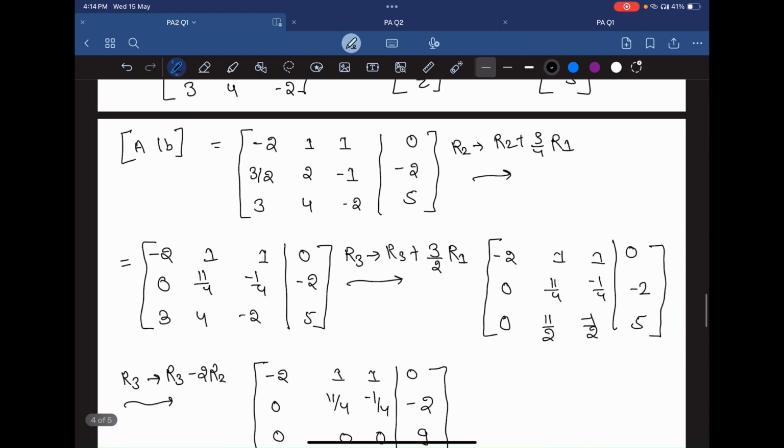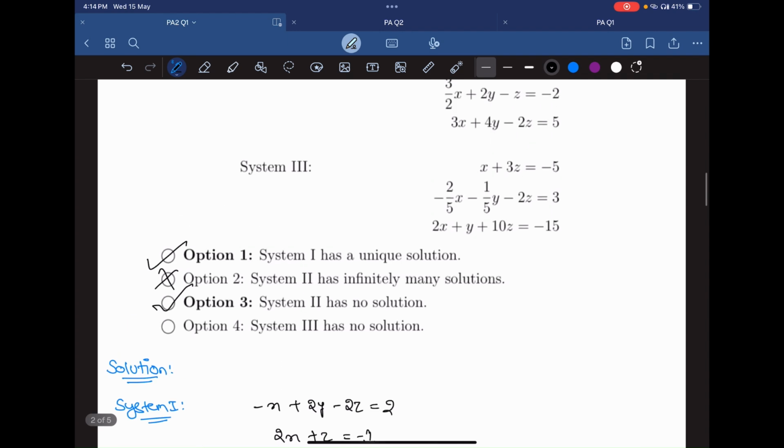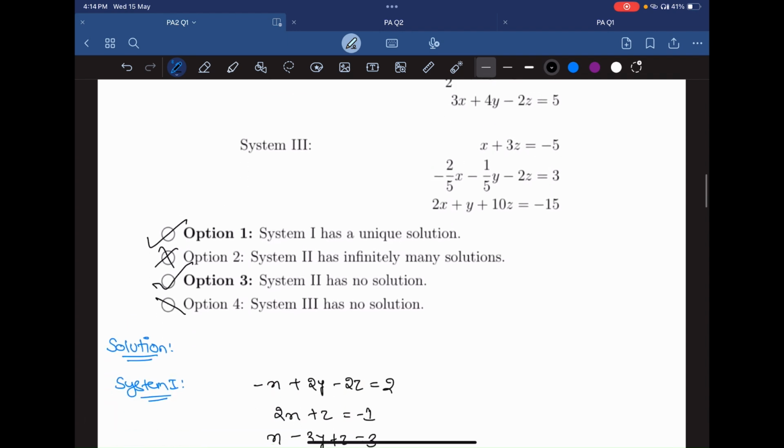So that means the option which says system 3 has no solution is wrong.